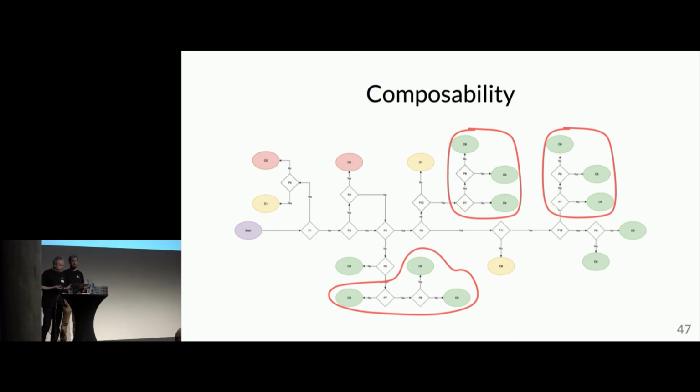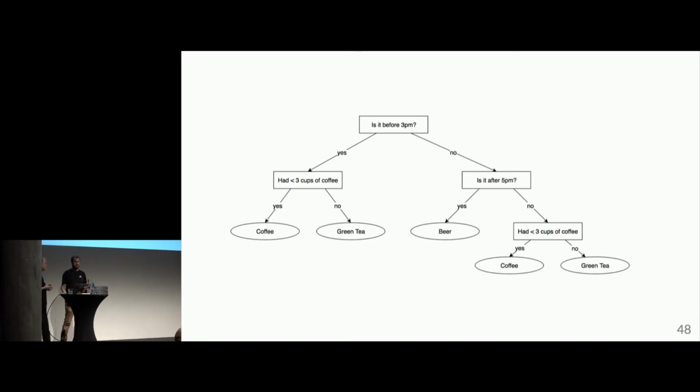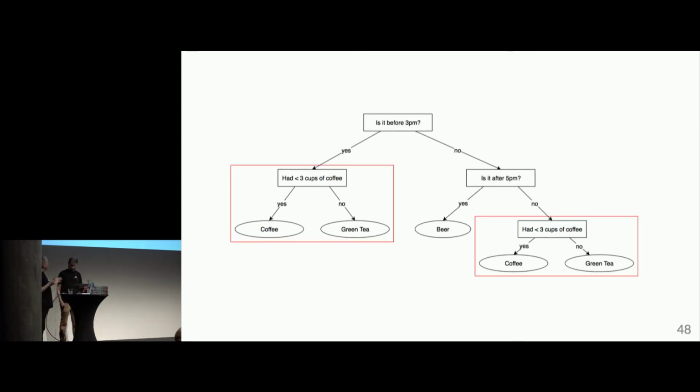Let's take a slightly smaller example. Let's go back to our original example and extend it a bit, and we're going to add in an extra test. Is it before 3 p.m.? No. Is it after 5 p.m.? Forget coffee and tea. We're going to go have a beer. Now, that means we now have these two subtrees that are identical, and can we break those off and reuse them in some way?